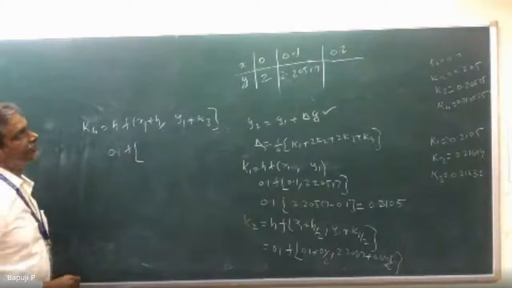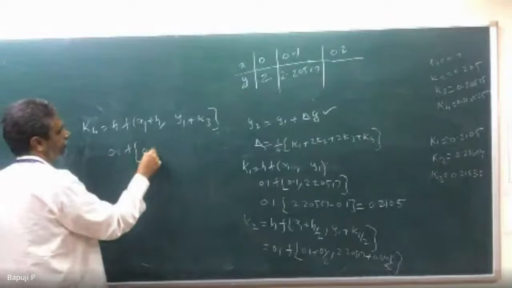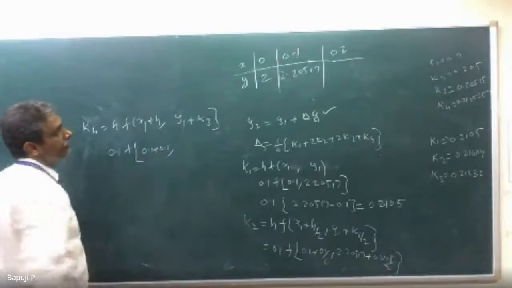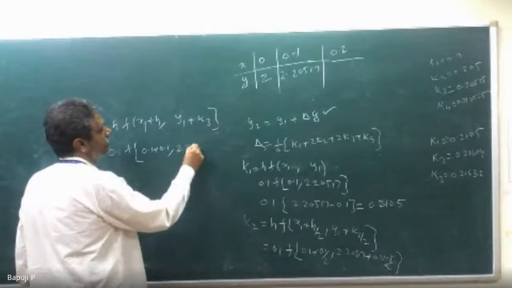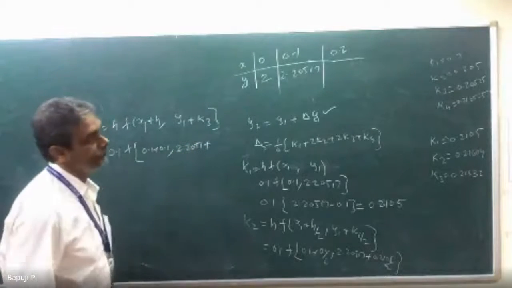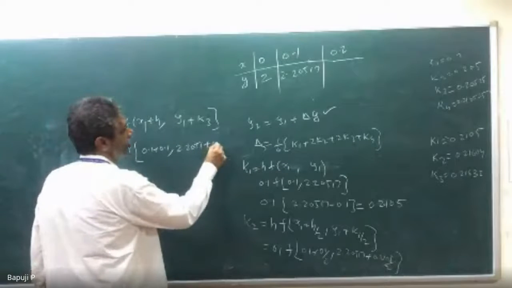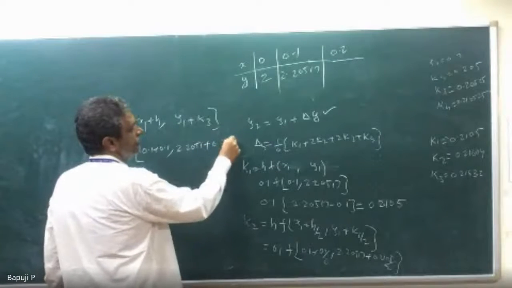Who is my x1? 0.1 plus 0.1. Who is my y1? Plus k3, 0.21632.